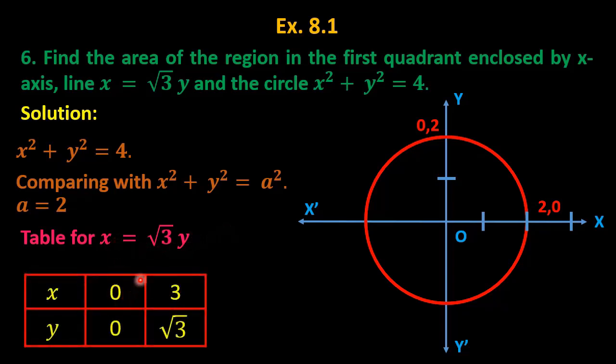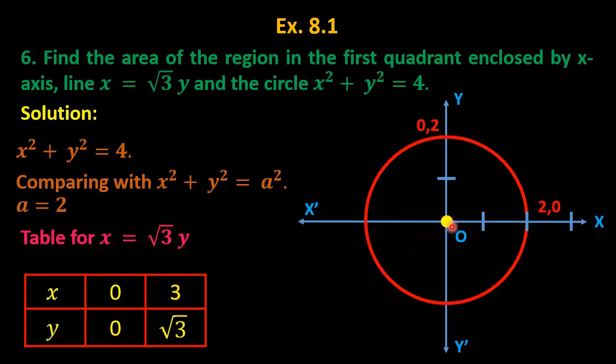Here I have taken y equals 0, then x will also be 0, because on the right hand side, 0 into root 3 is 0. And in the second case, I have taken the y value root 3. In that case, it will be root 3 into root 3, so we get x equals 3.